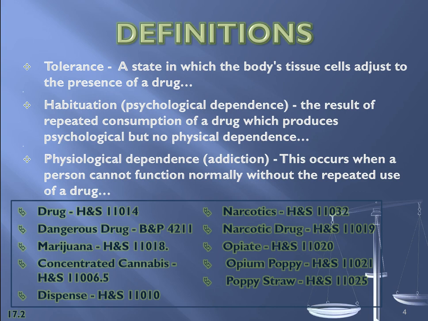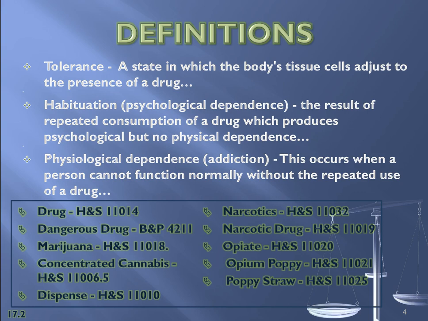11014, drug means A, substances recognized as drugs in the official United States Pharmacopoeia, official Homeopathic Pharmacopoeia of the United States, or official National Formulary or any supplement therein. B, substances intended for the use in the diagnosis, cure, mitigation, treatment, or prevention of disease in man or animals.